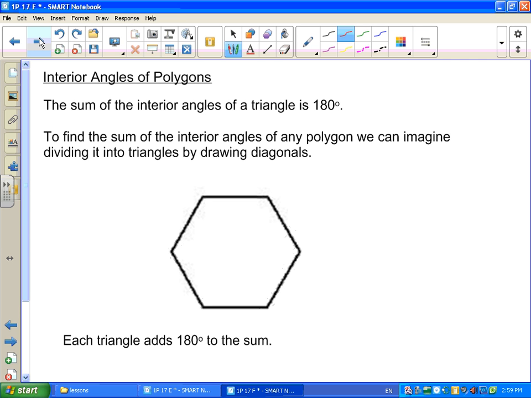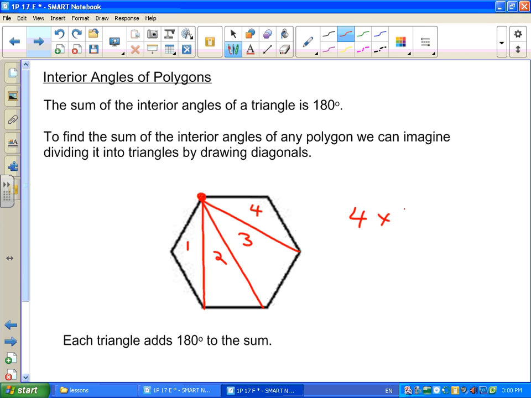If we want to find the sum of the interior angles of any polygon, we imagine dividing it into triangles by drawing those diagonals. So I've got 6 sides here. I start at one vertex, and I draw 1, 2, 3 diagonals, which gives me 1, 2, 3, 4 triangles.